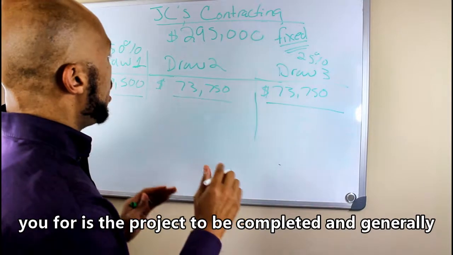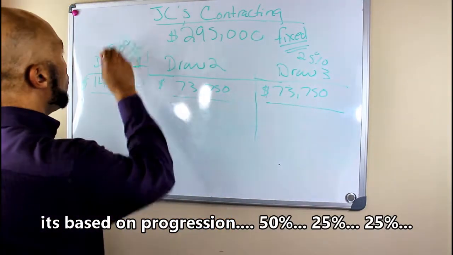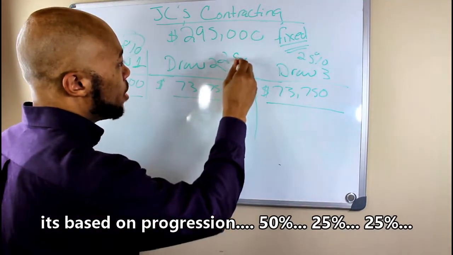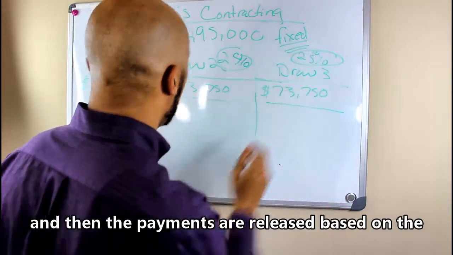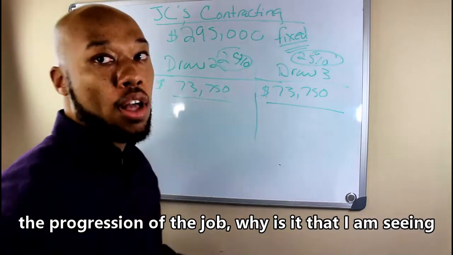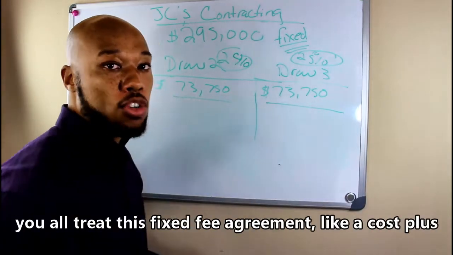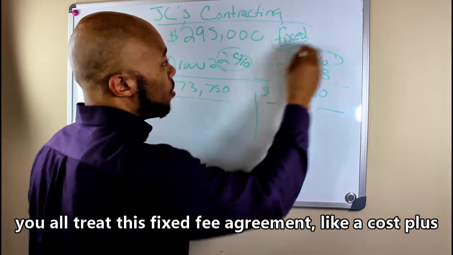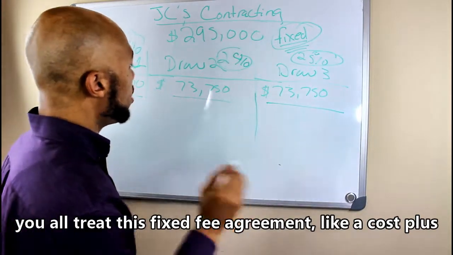If what they're actually paying you for is for the project to be completed, and generally it's based on progression, 50%, 25%, 25%, and the payments are released based on the progression of the job, why is it that I'm seeing you all treat this fixed fee agreement like a cost plus agreement?